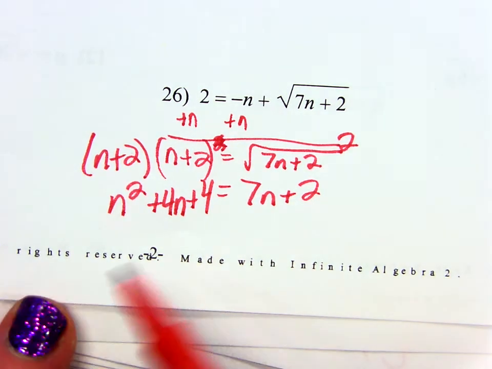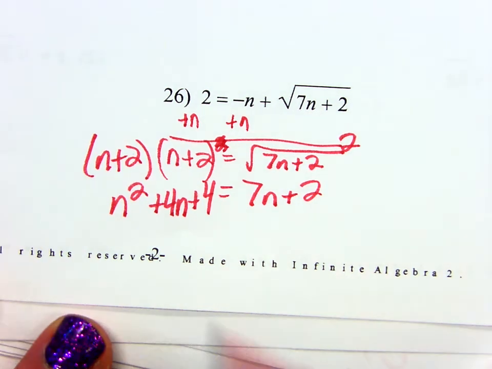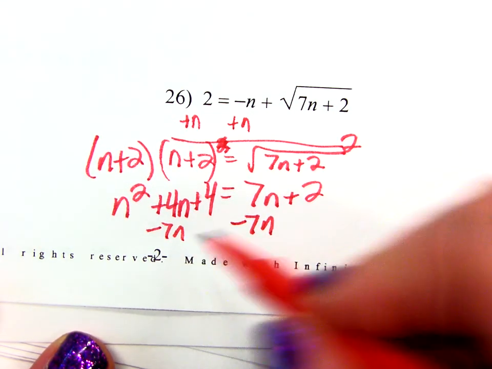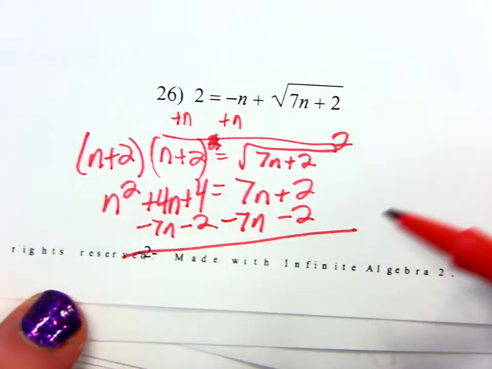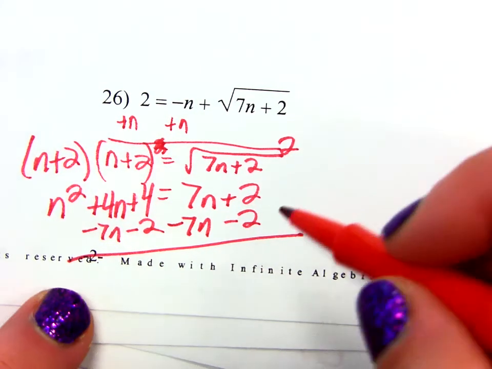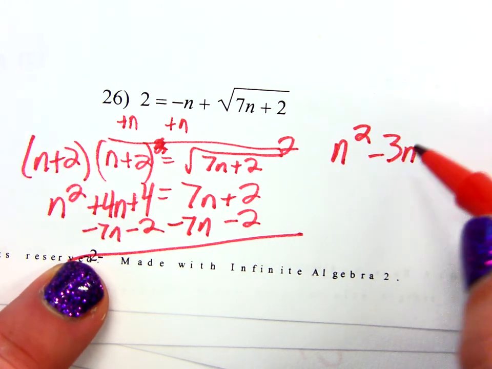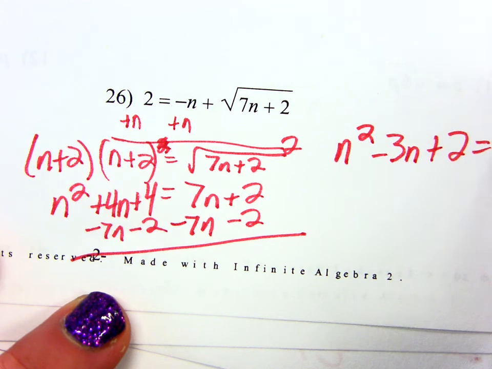So hopefully everybody had this line at some point. Now I want the whole thing to equal 0. So I'm going to minus 7n from both sides. I'm also going to minus 2. And then writing over here, since I'm running out of room, I would have n squared minus 3n plus 2 equals 0.